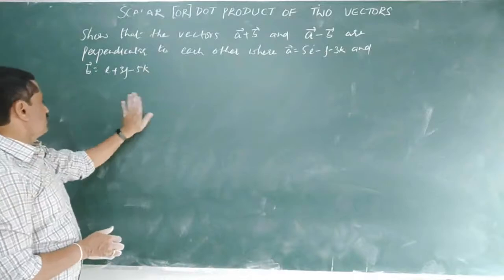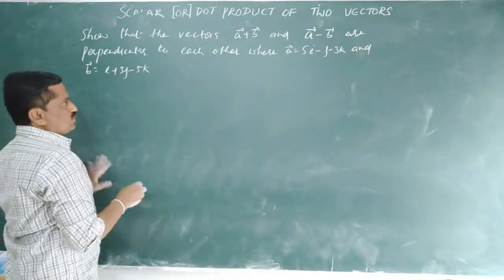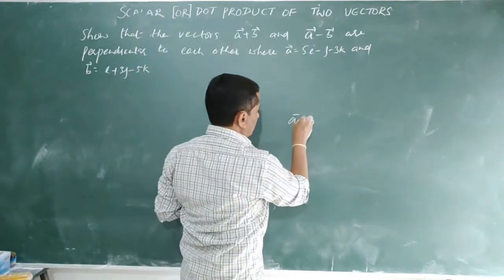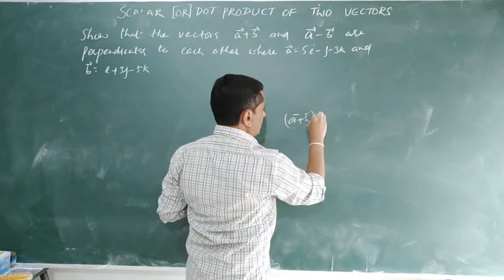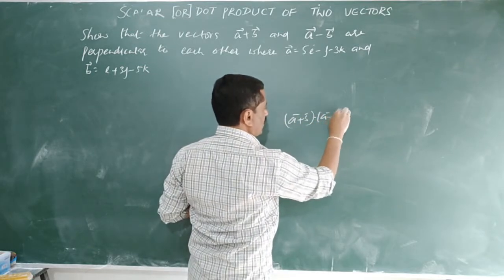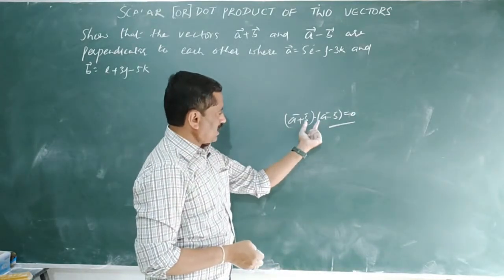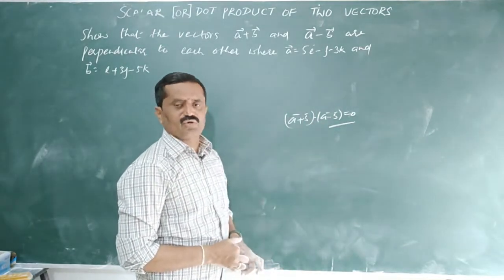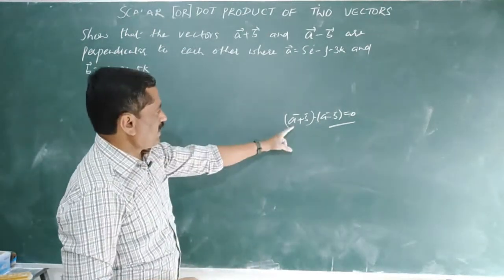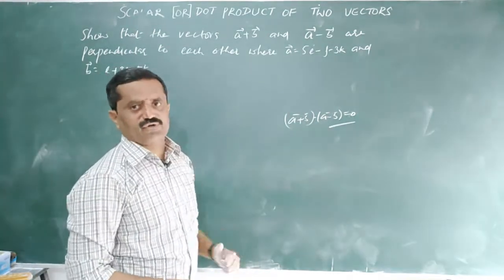That means we have to show that a bar plus b bar dot a bar minus b bar is equal to 0. So first we have to find the sum and difference of the two vectors.